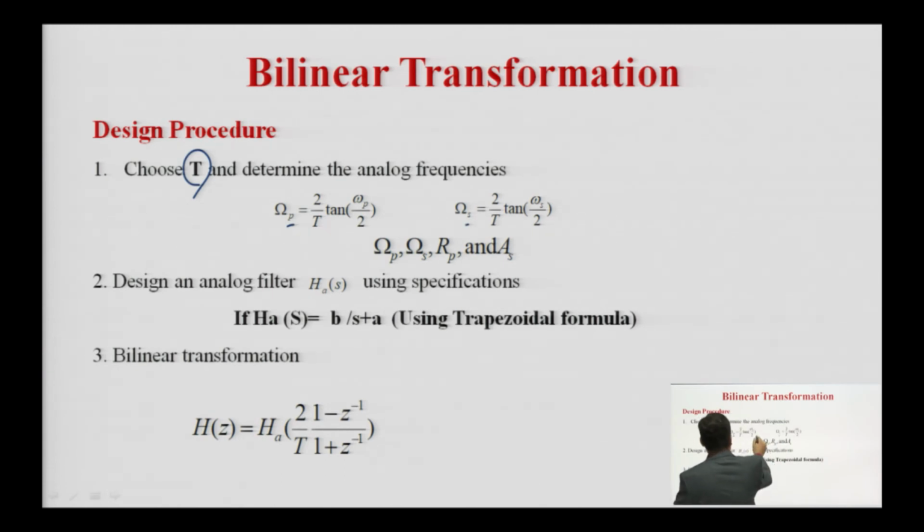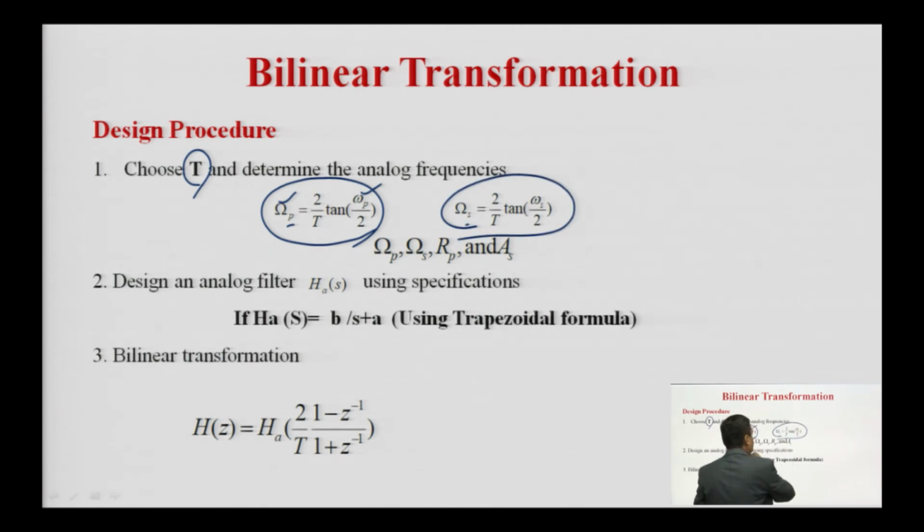So, the simple relation that I also told you in my previous PPT: Ohm P is equal to 2 upon T tan of omega P upon 2. So, this is for analog, this is for digital. The same relation holds in the case of pass band and in the case of stop band. So, you can convert your frequency from analog into digital or from digital into analog by this formula under the bilinear transformation method.